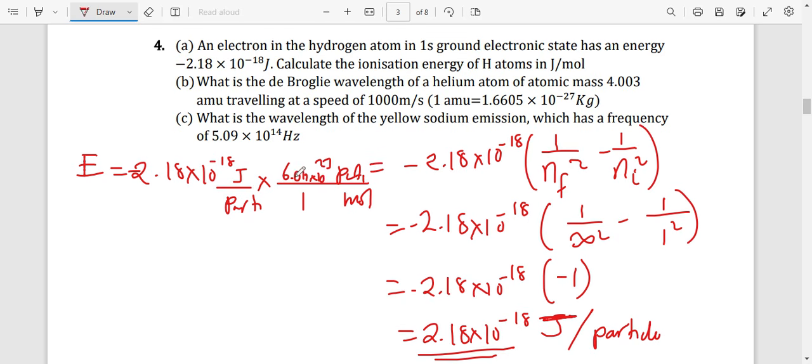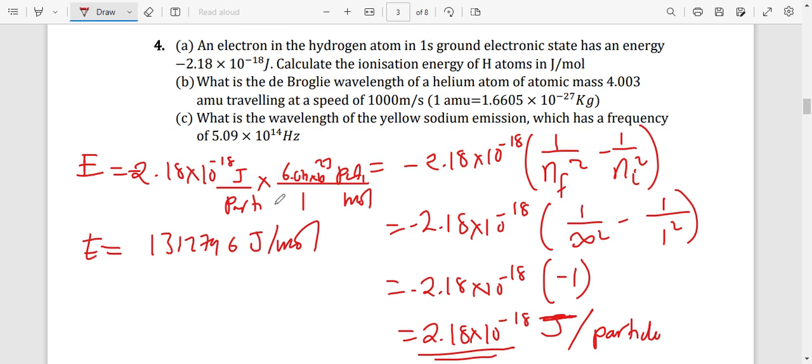That gives us an energy of 1312796 joule per mole.